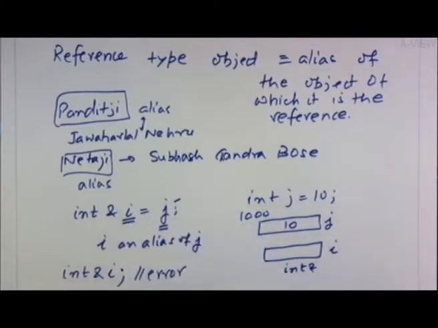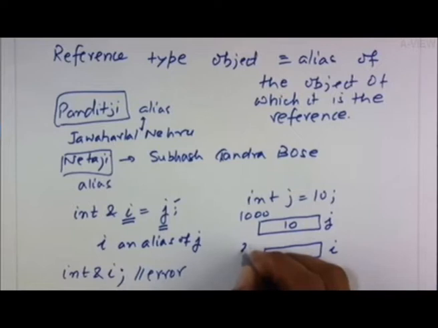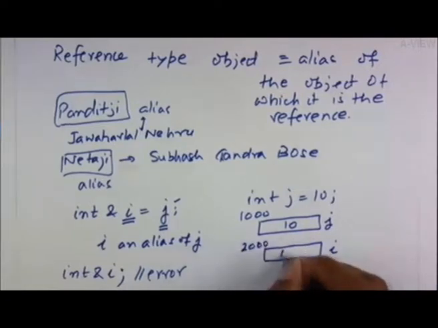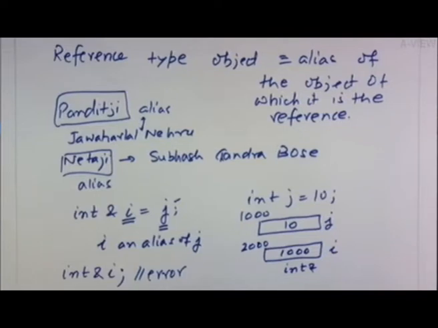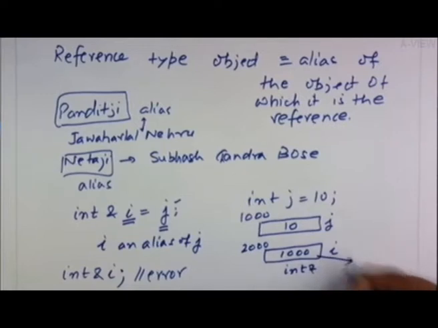So this is not allowed. You must assign it to an object. Fine. Now once you do that, what is inside this? This fellow has a location, let's call it 2000. What is inside is 1000. So I is an alias of j, int and of j. The address of j is stored in I. However, you will never get to see this. You can never see this.